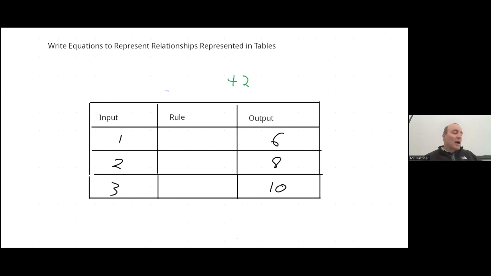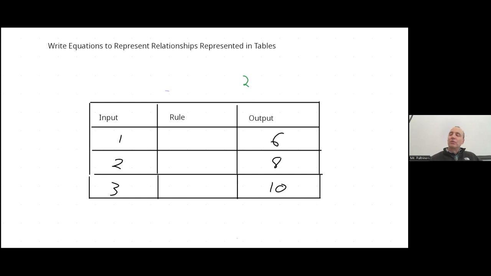So now, how do I get that? Since they're going up by 2, sorry, I made a mistake there. It just means they're going to be multiplied by 2, right? Because that increase of 2 means that something had to be multiplied by 2.